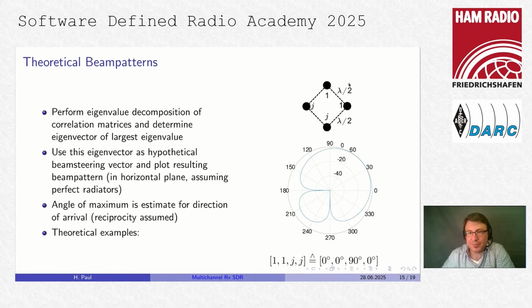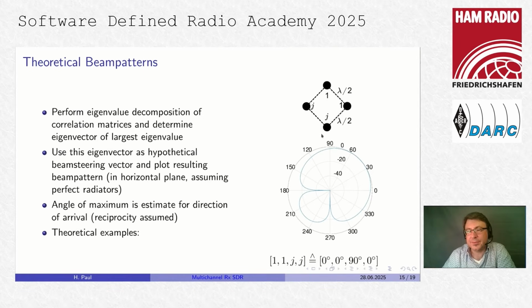If the wave comes from this direction, you will get exactly the same signals on these two antennas, but they will be shifted by 90 degrees because we have here lambda, sorry, this should be lambda by 4, another typo, because we have lambda by 4 distance that the wave has to travel.